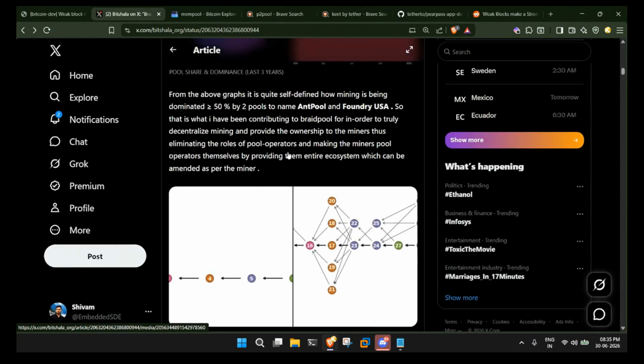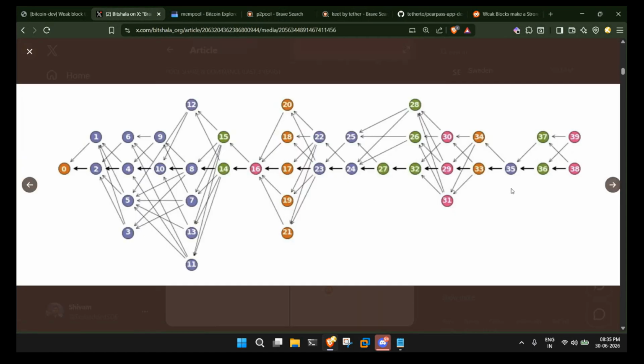What did Braidpool do differently? Here, if you see, there is no linear connection or communication, because instead of a straight chain, they use a braid, which is nothing but a directed acyclic graph.